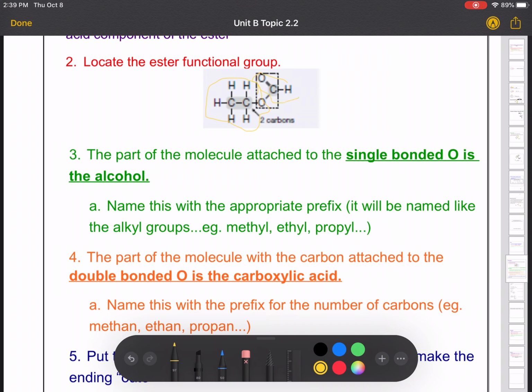So in this case, that's the other half. I'm going to do that in a different color. Okay, so this would be the carboxylic acid. I'm going to write carb. And this is the alcohol.